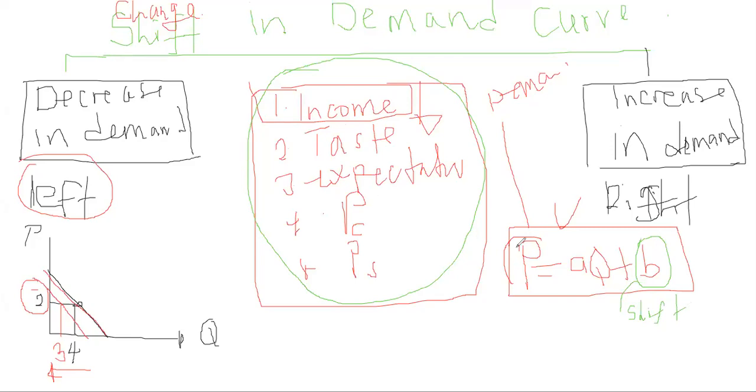So you will realize, we will see this. Let's focus more on the income. If income changes, how is the demand curve going to change? Let's go to the next slide and see.